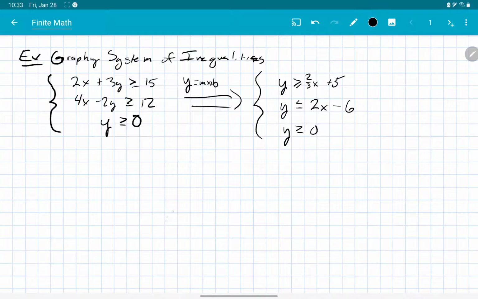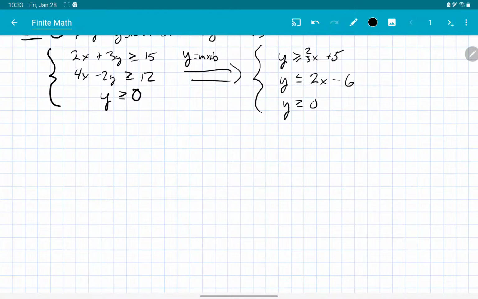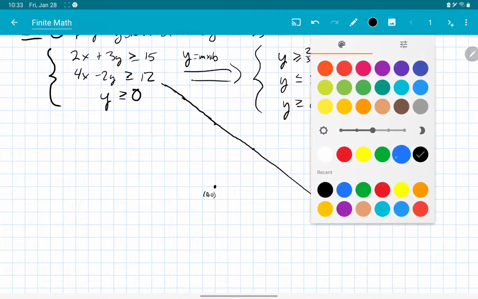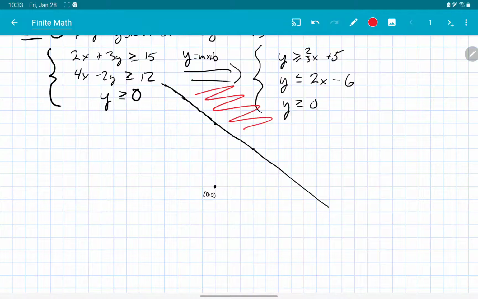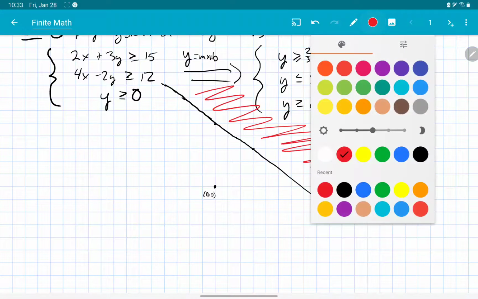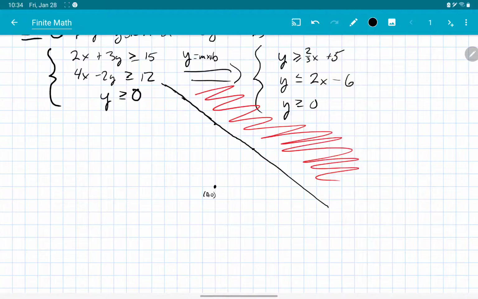Okay, so now what we want to do is simultaneously graph all 3 of these inequalities. So we got to pick our origin. The first one we already did, right? That's this one here. And now it's a solid line because it's a greater than or equal to. And I'm just going to choose a color here. You don't have to use colors when you're doing this. It's not a problem, but since I have colors at my disposal, I'll do that relatively easily. Now we want y less than or equal to 2x minus 6, so I need to plot that.